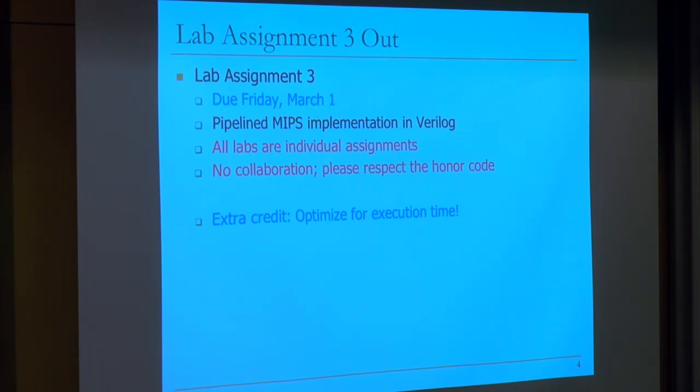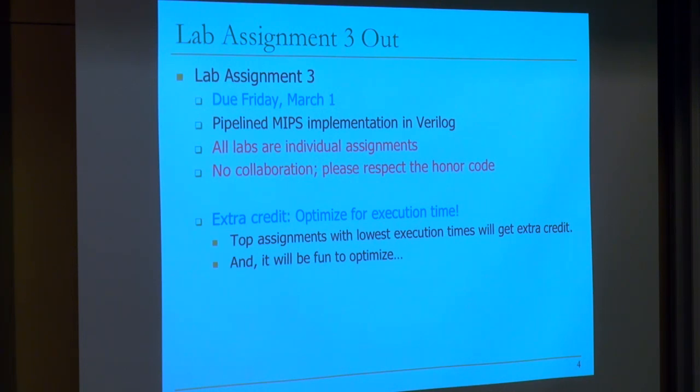Hopefully, you'll like it. And you will get significant extra credit. The handout says up to 20% of the lab itself, which is 1% of the course grade. But I'm willing to be flexible to the top students. OK? It'll be fun to optimize the pipeline. Even if you don't do it for extra credit, do it for the fun of it.